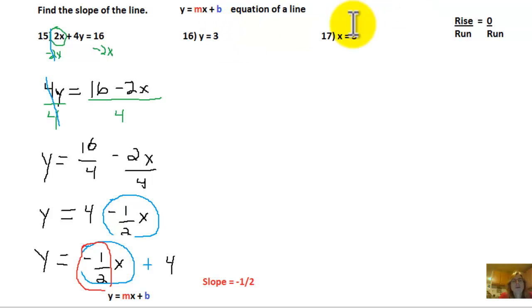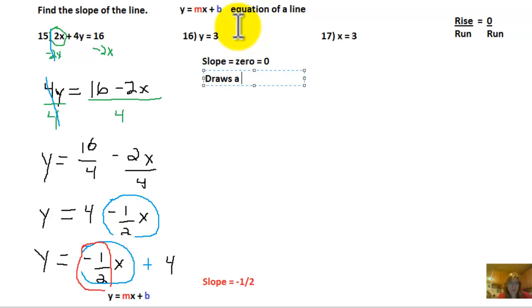The other thing to know about this is that any time that you have y equal to a number, you will always have a slope of 0. And this will always be a horizontal line. So this draws a horizontal line. And that will always be the case.